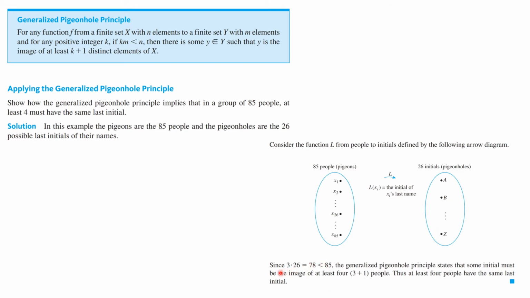But since 3 times 26 is 78, and that's less than 85, the generalized pigeonhole principle states that some initial must be the image of at least 4, 3 plus 1 people. Thus, at least 4 people have the same last initial. You really want to think about this a bit. It's not trivial.